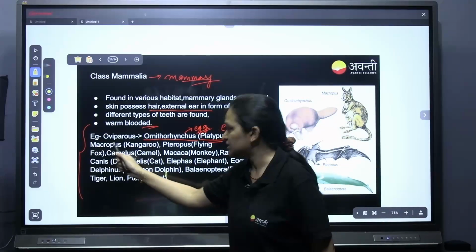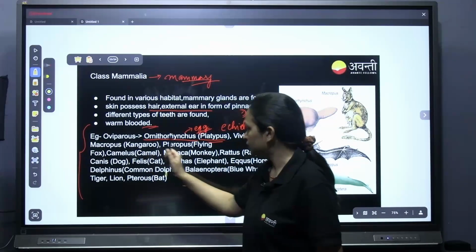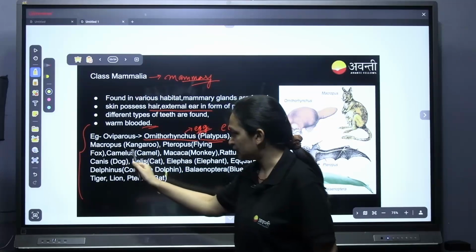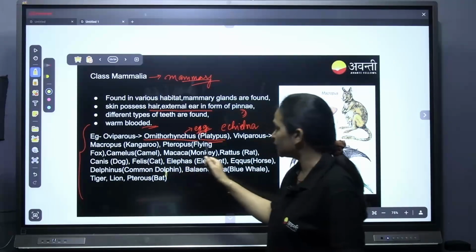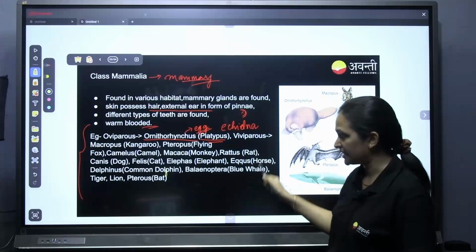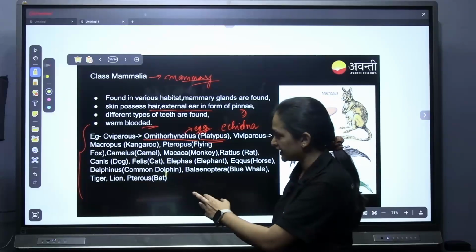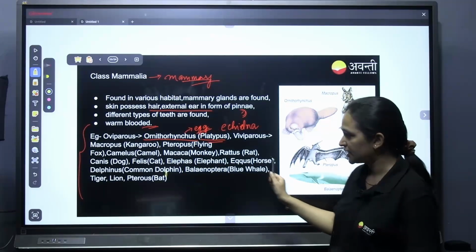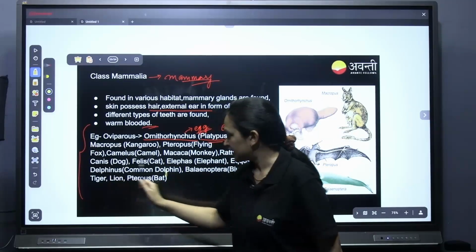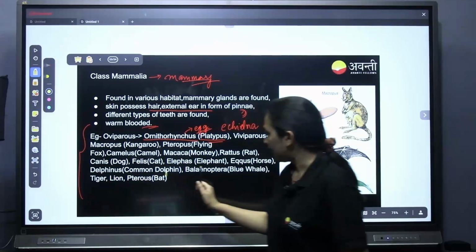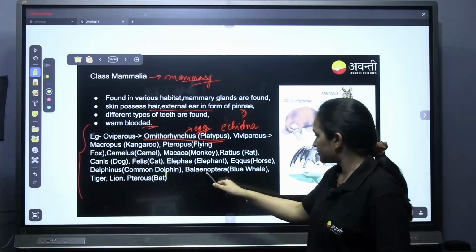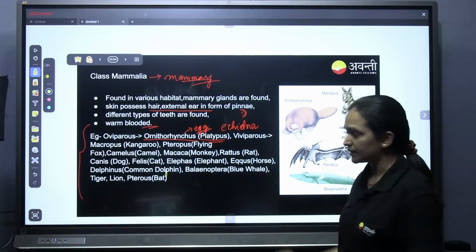And Macropus is a kangaroo, Pteropus is a flying fox, Camelus camel, Macaca monkey, Rattus rat, Canis dog, Felis cat, Elephas elephant, Equus horse, Delphinus is a dolphin, and Balaenoptera is a blue whale.